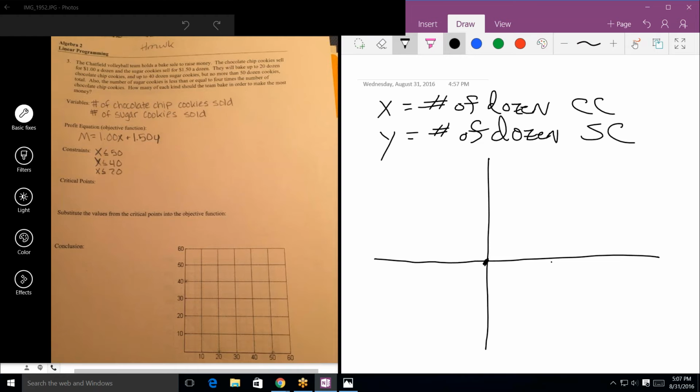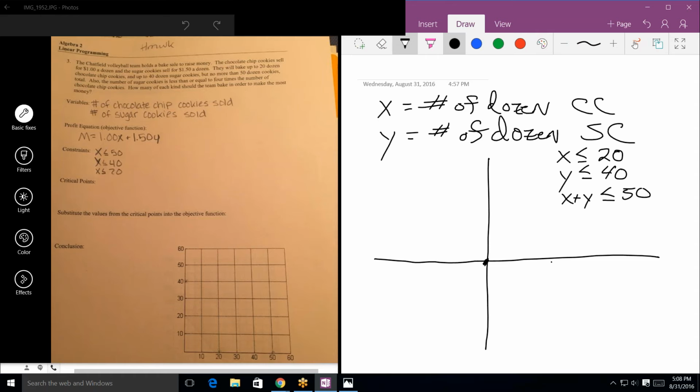X has to be less than or equal to, what was it, 20? Yeah, I believe so, bake up to 20. Y has to be less than or equal to 40, and X plus Y has to be less than or equal to 50. Correct? Yeah, that sounds right.